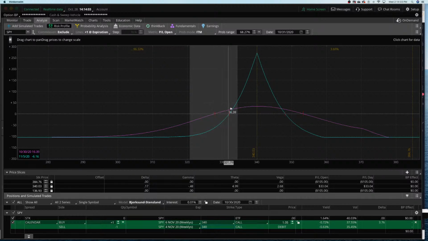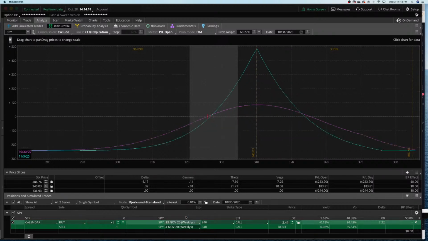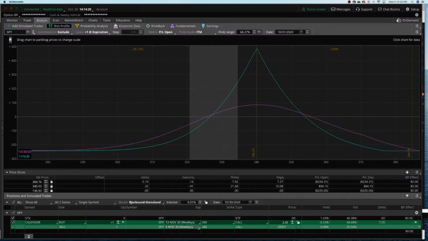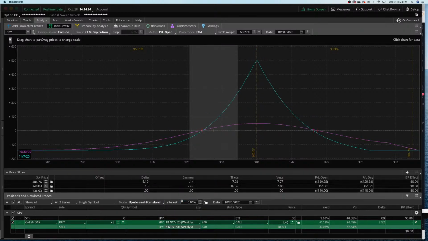If you notice, it's not moving very much here. Normally this would move a lot. Let's make these much further out. I'll go to the 13th and the 6th. Okay.